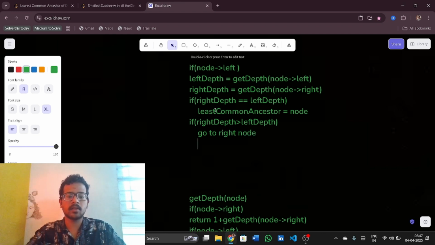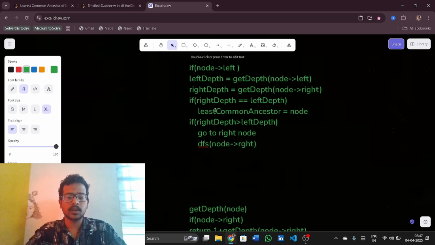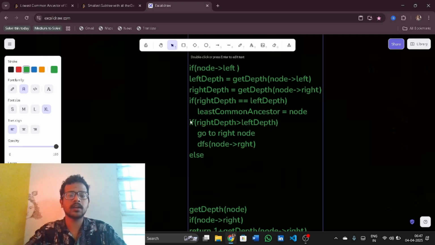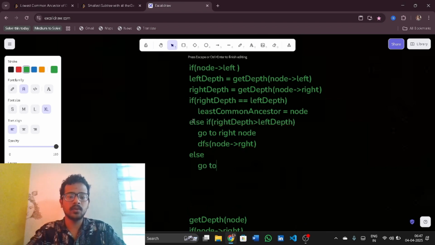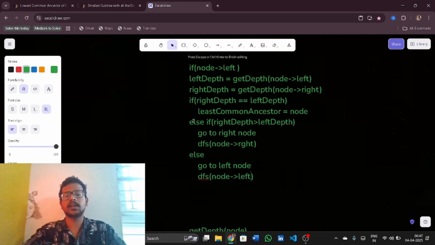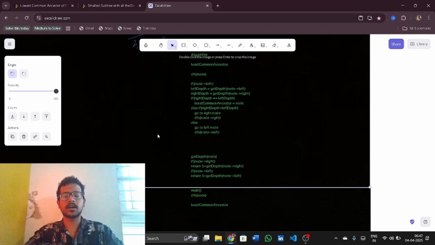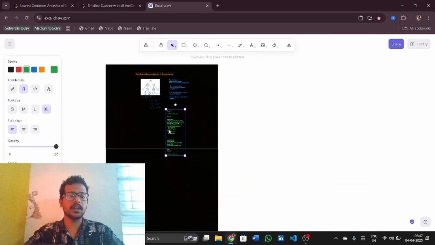That means I will call for a DFS of node right. Else, I need to go to the left node. That means call for a DFS of node left. That's it. This is how simple this question is.